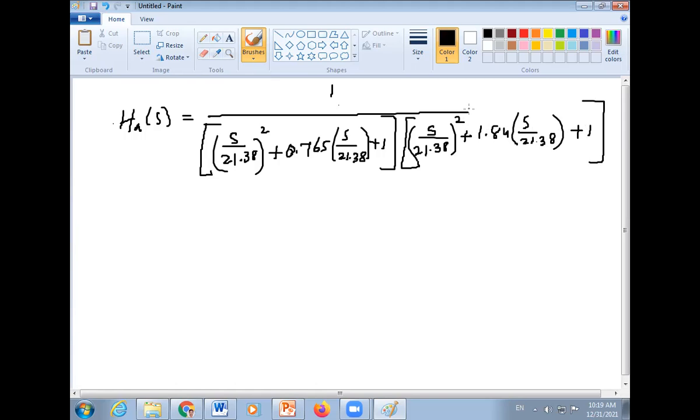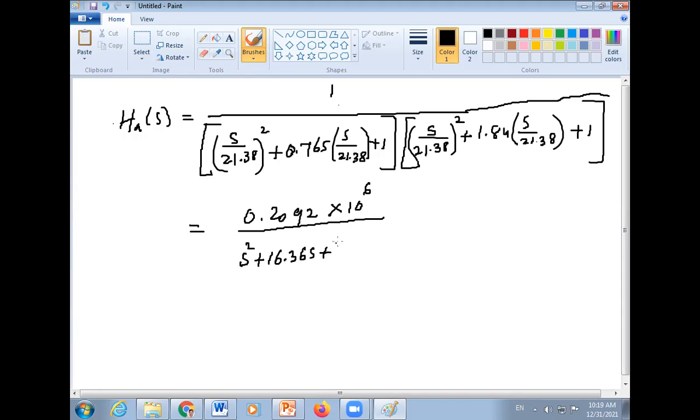Further we need to simplify this, and we get 0.2092 into 10 to the power 6 divided by (s square plus 16.36s plus 457.39), which is multiplied by (s square plus 39.51s plus 457.39).